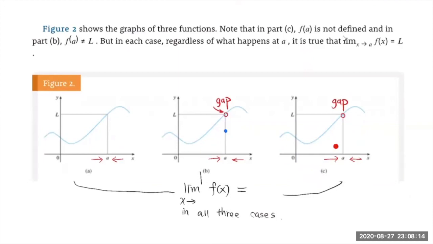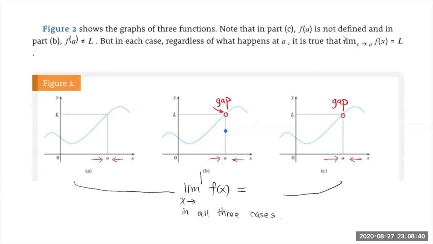Now, out of these 3 cases, let's think about what happens when x approaches a from both sides. Let's move along the curve. So what happens to the function value over here? Well, the function value is getting closer and closer to this L over here.